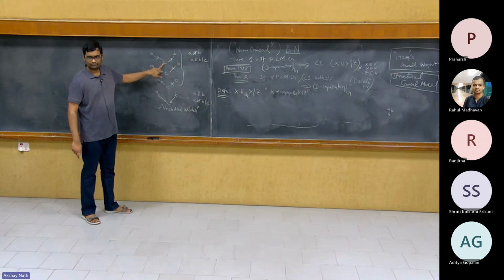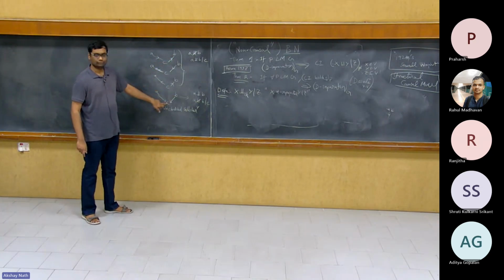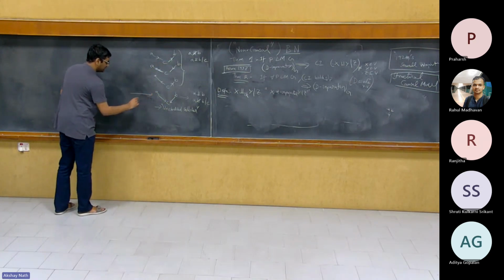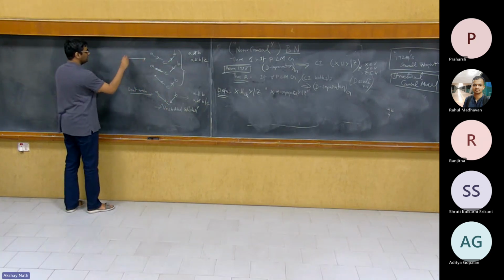I should condition. But if there is an unshielded collider, I shouldn't do anything, don't condition. If it's here, condition.